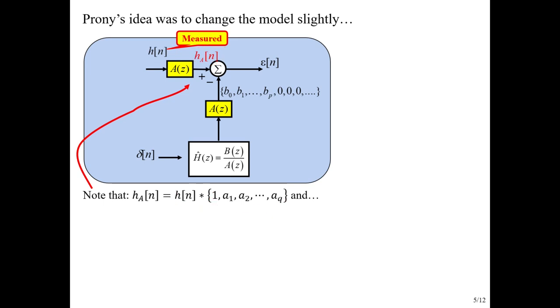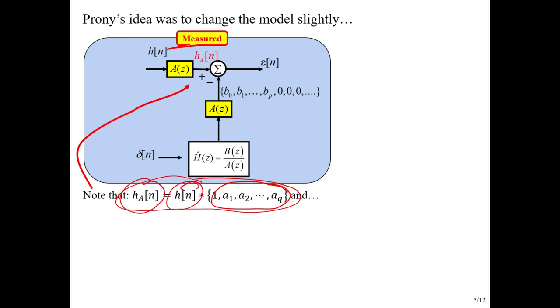On a previous slide, I think in the previous note set, I said that star in that scenario was multiplication. Here it is convolution. So I have a nice mathematical relationship between h of n, A of z coefficients, and h_a of n. So I can write out what that is.